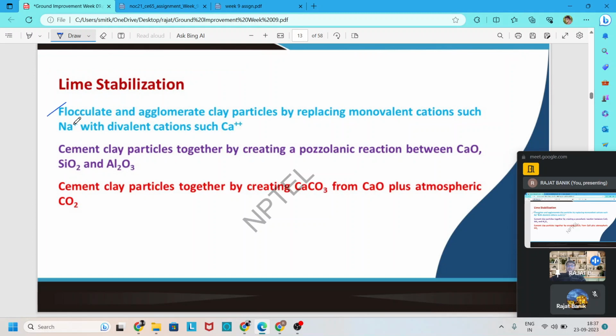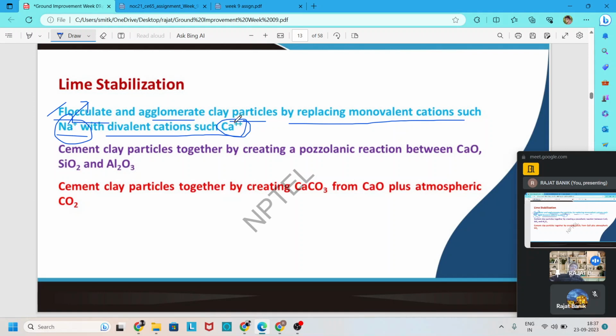So it is said that it flocculates and agglomerates clay particles by replacing the monovalent cation such as Na with the divalent cation calcium. That means in clay the monovalent cation sodium is present, which is replaced by the divalent cation calcium.